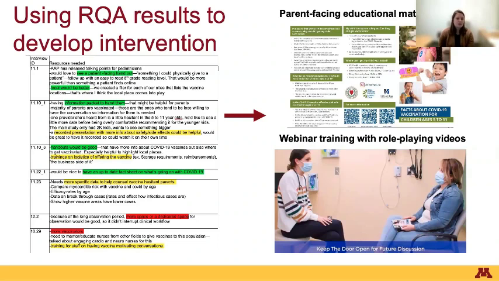So, some people were more verbose about this. But again, hopefully this gives you a little bit of an example of not just what rapid qualitative results look like, but also how we have found it to be very useful in facilitating intervention development and action.